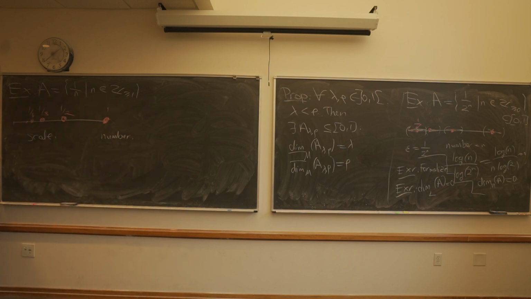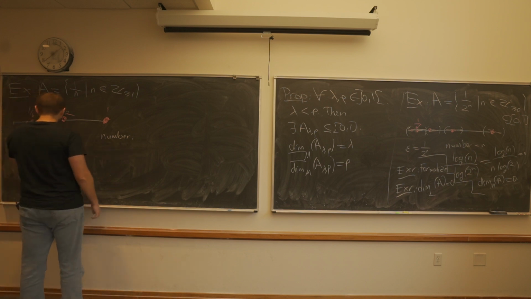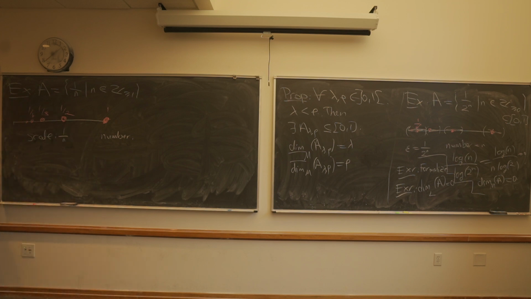So instead of using an exponential scale this time, it seems reasonable to use a polynomial scale. So let's say that I'm trying to cover this using sets whose diameter is bounded by 1 over n. Okay, so let's say that my guy is over here. At the nth step, I'm here.